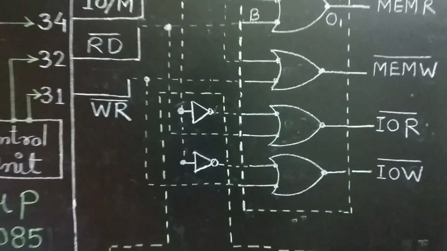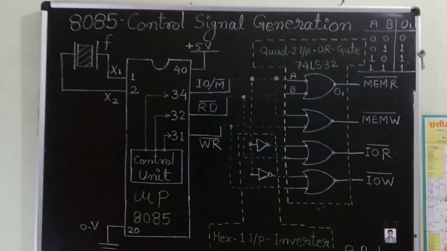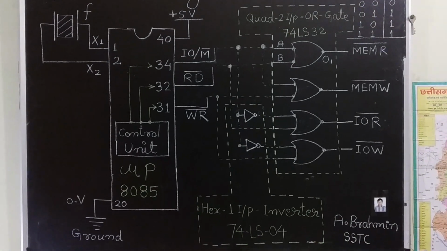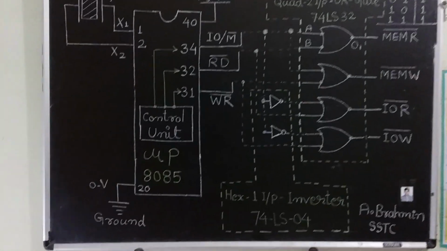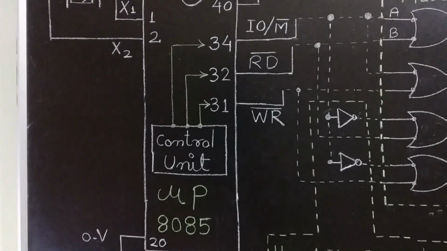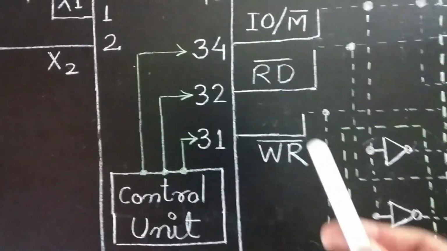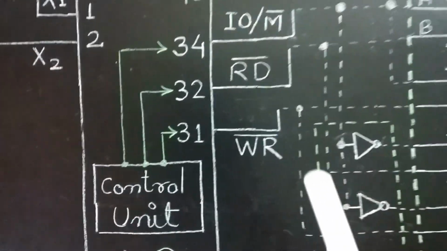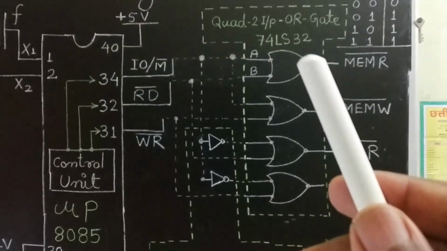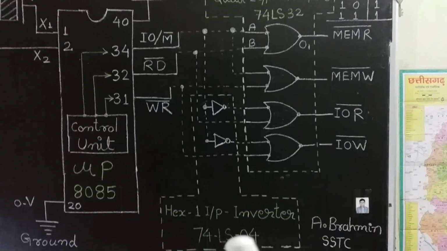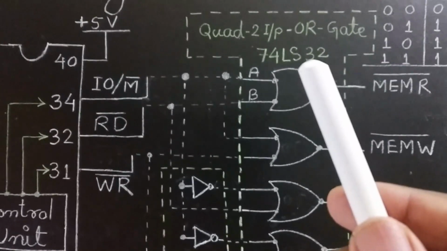Thus, for understanding the generation of control signals using gates, we have to understand the control unit of the microprocessor, which is generating 3 signals: IO/M bar, read bar, write bar, as shown here. These signals are to be fed to the gates. We are using 2 ICs, both 14 pin ICs.